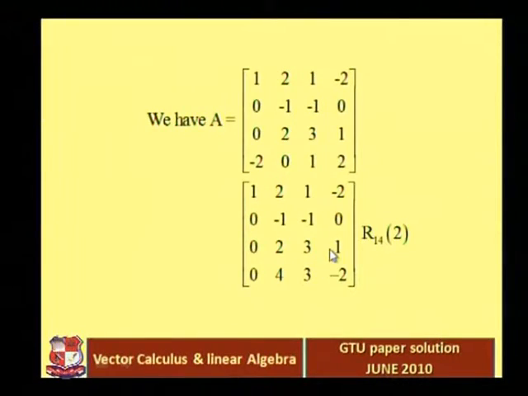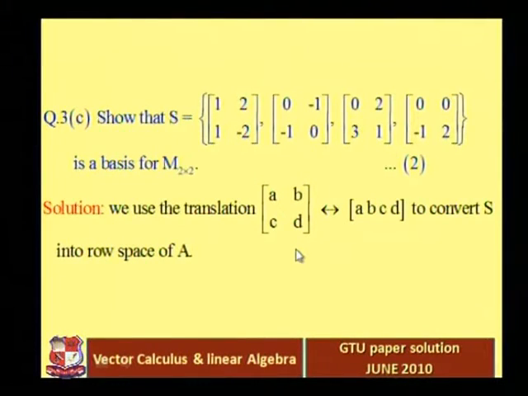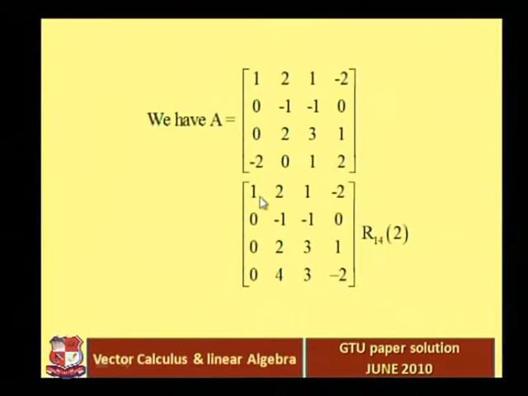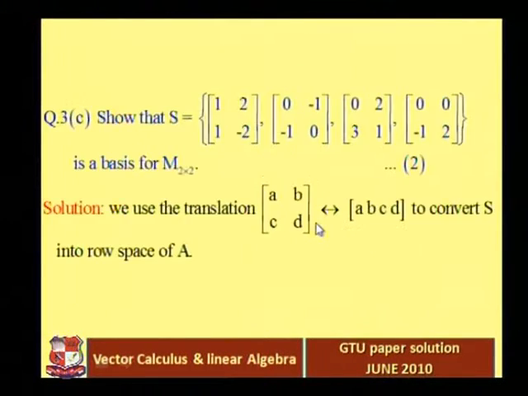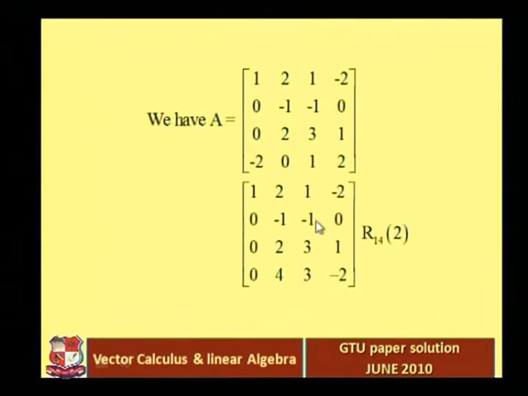Now we multiply the first row with 2 and add it to the fourth row. So the first, second and third rows are as they are: 1 2 1 minus 2, 0 minus 1 minus 1 0, 0 2 3 1.